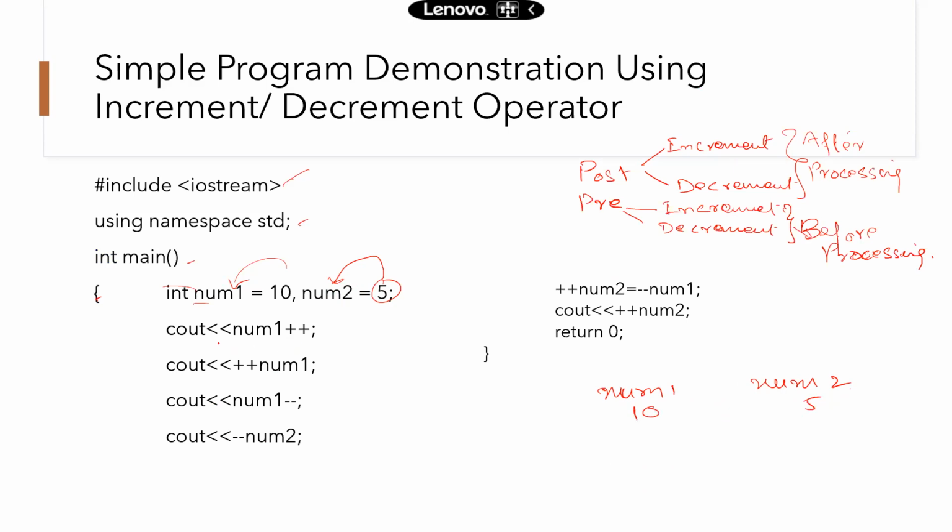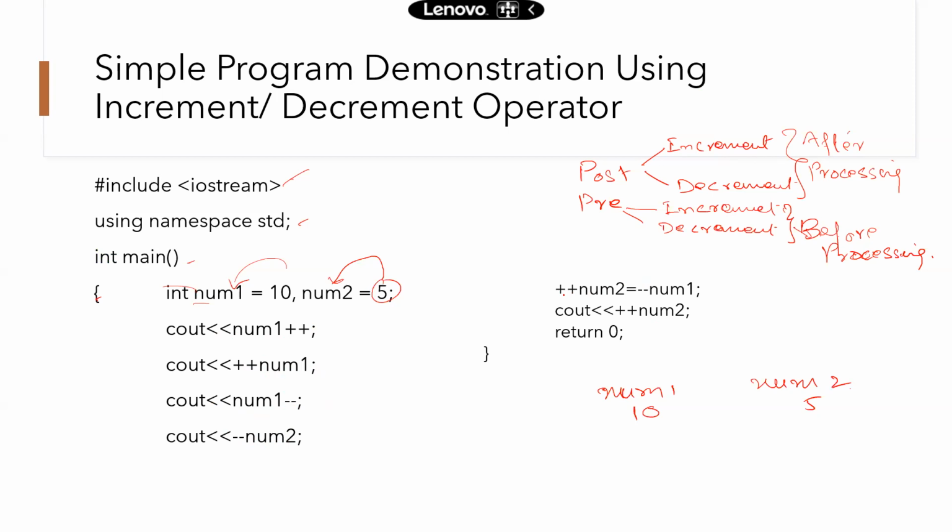Okay, so this output over here says cout num1 plus plus. So this is a post increment. Then there is num1, which is a pre-increment, plus plus num1. Then there is num1 minus minus, post decrement. This is your pre-decrement with num2.